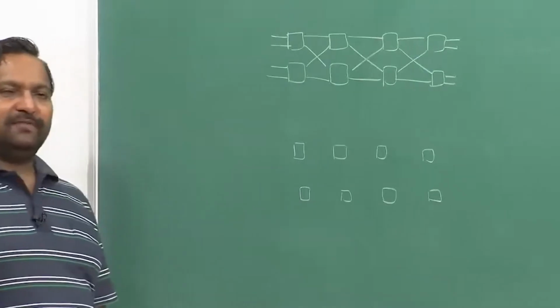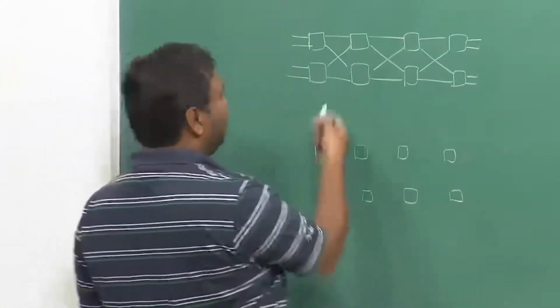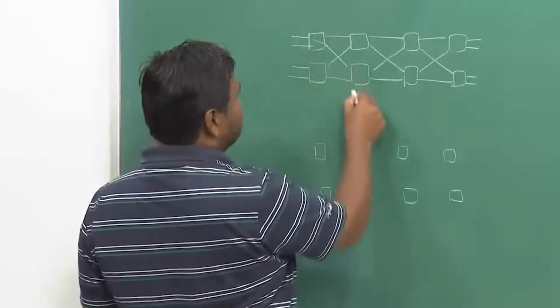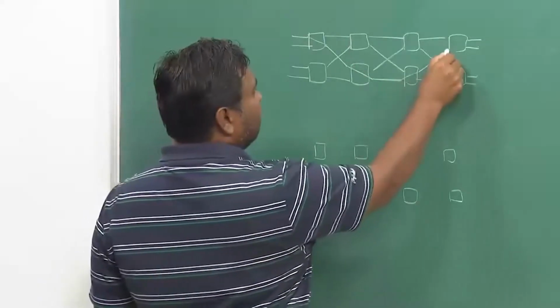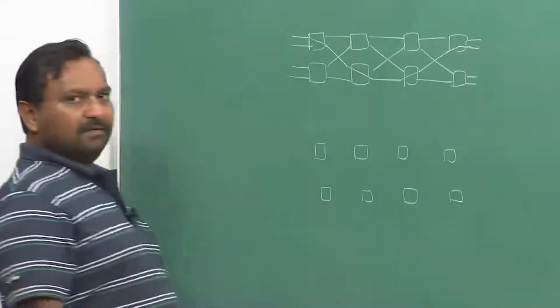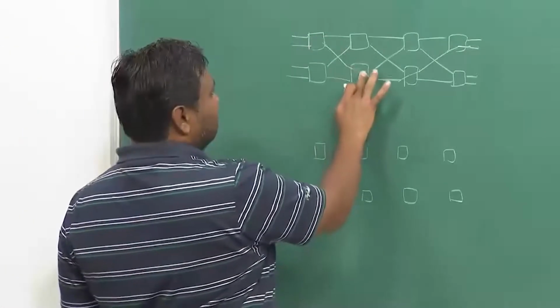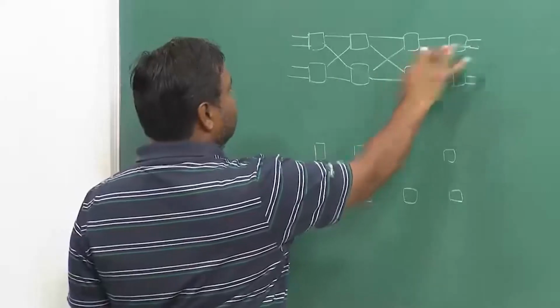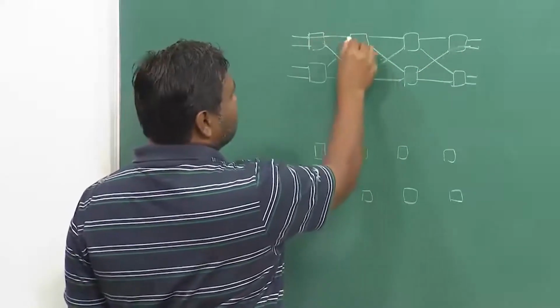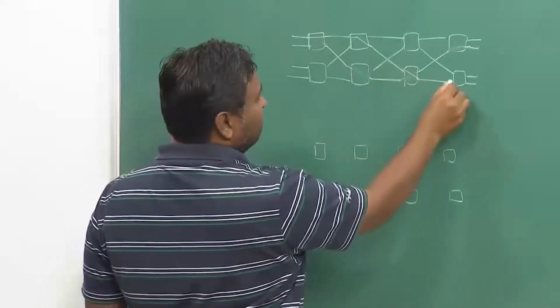So, when the first connection is made from any input to any output, you can make the connection this way, or if you want you can make the connection the other way around. With any other possibility you can make the connection in this fashion.